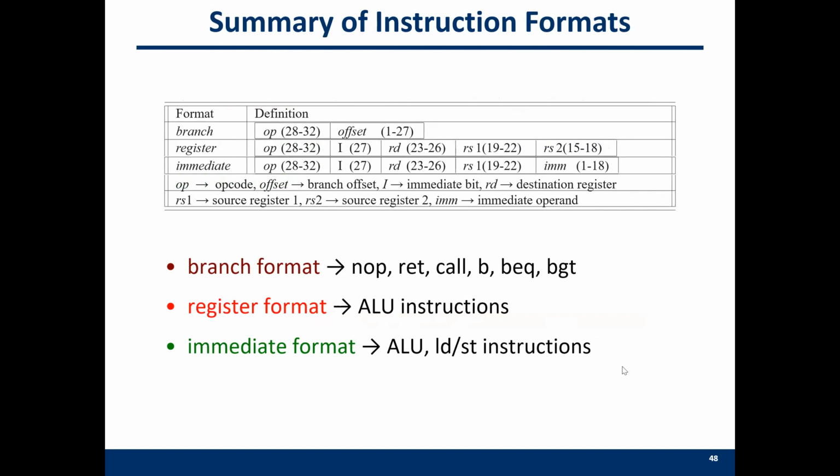So this is the summary of the instruction formats. The first example.